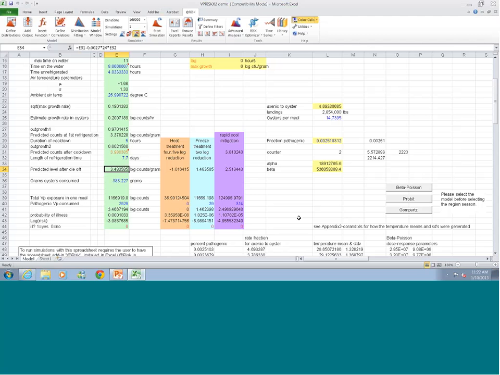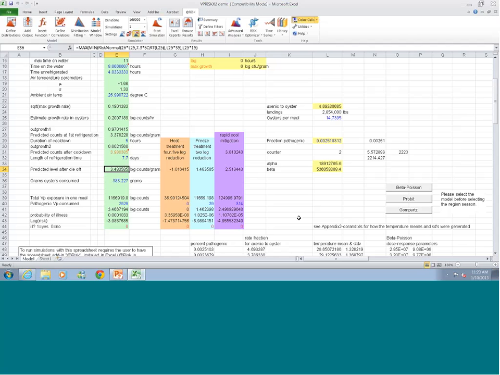They tend to be richer in detail than some of the chemical risk assessments, although chemical risk assessments can be complex as well. But notice at the end of cool down, there were almost 4 log per gram of oyster flesh, and now we're down to about 3.5 log per gram of oyster flesh.